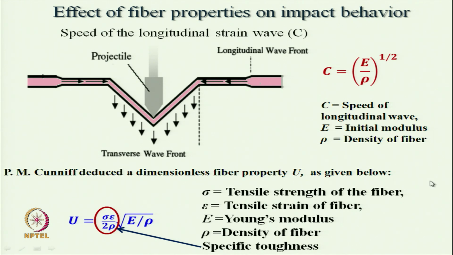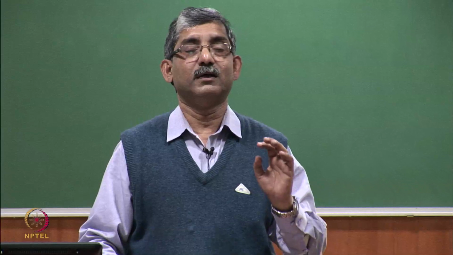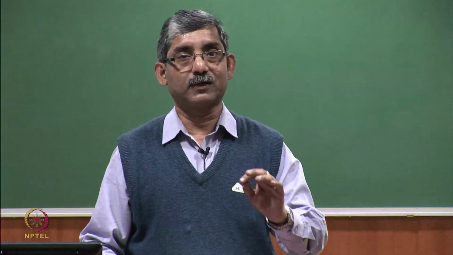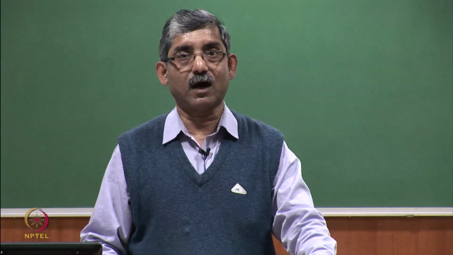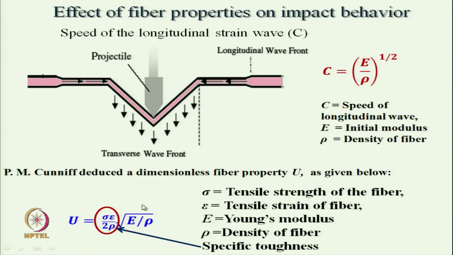There is also a dimensionless fiber property which has been developed to evaluate the impact protective performance of a particular fiber. The term U is given by sigma multiplied by epsilon divided by 2 rho, where sigma is the tensile strength of the fiber, epsilon is the tensile strain of the fiber, and rho is the density of the fiber.